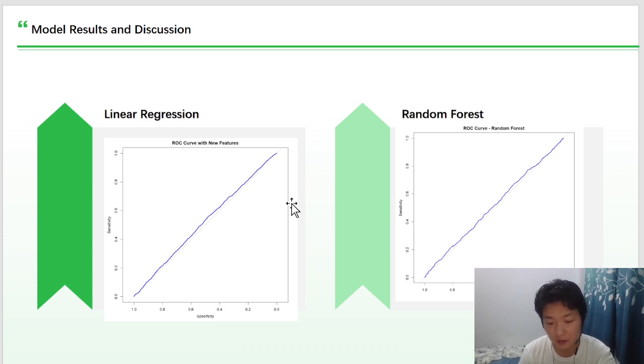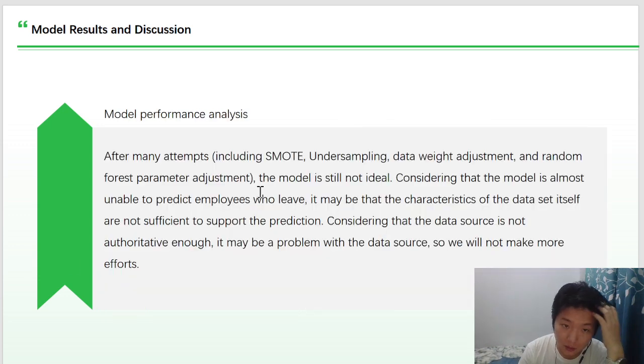It is small, just a little better than a guess. Then I use other methods like SMOTE, resampling, data weight adjustment, or adjustment to the formula, but all of this is not usable. I consider the model is not able to predict who will leave.